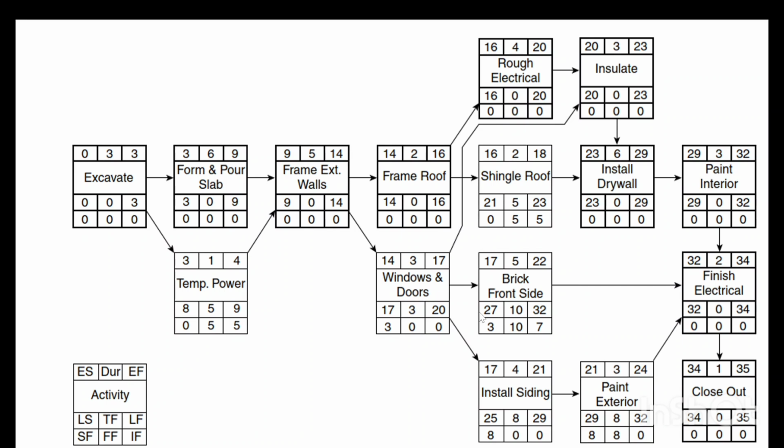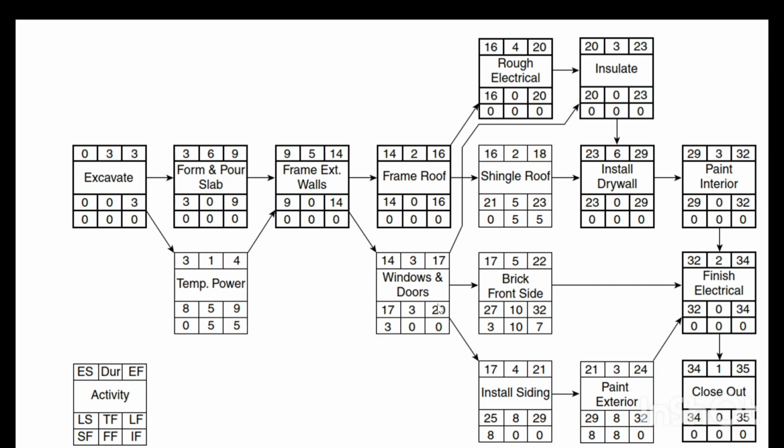That means these 7 days belong only to that activity. So this activity has an independent float of 7 days, just for this activity only. And what about the remaining 3 from the 10 days of total float? These 3 days are shared with the windows and doors activity.